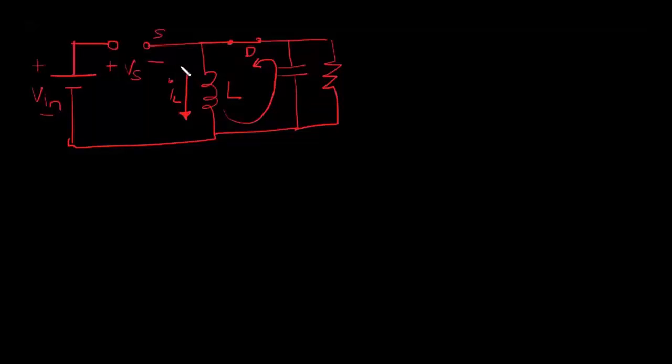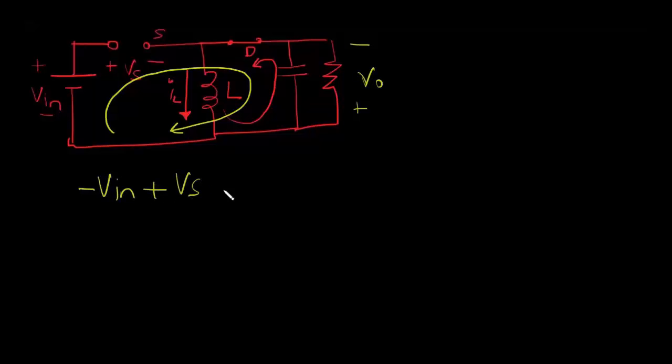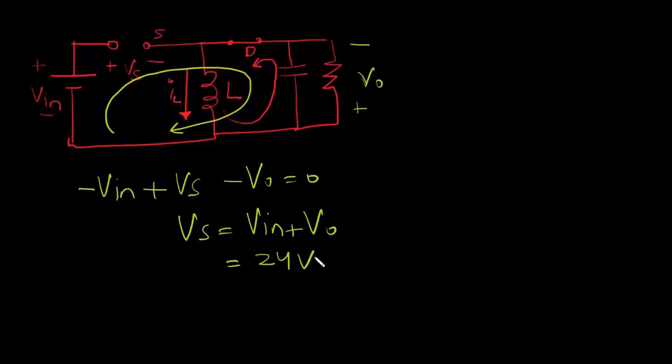Now you can apply KVL in this loop. By applying KVL, you can write minus Vin plus Vs minus V naught is equal to 0. So Vs is equal to Vin plus V naught. We have Vin 24 volt, V naught 36 volt.